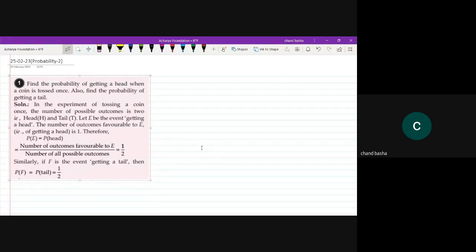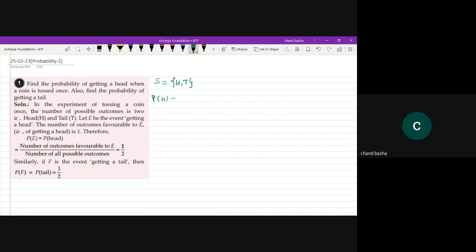Tossing a coin is an experiment, and the sample space is {H, T}. So what is the probability of getting a head? I can take it as P of H.